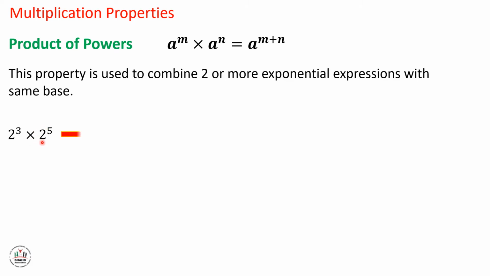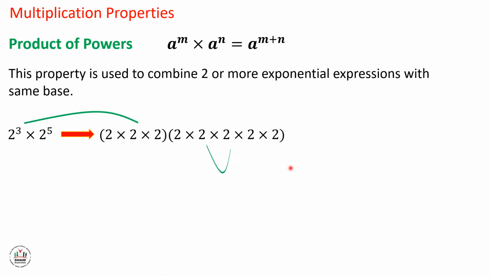So here we have an example: 2 power 3 times 2 power 5. 2 power 3 can be written as 2 times 2 times 2, and 2 power 5 as 2 times 2 times 2 times 2 times 2.